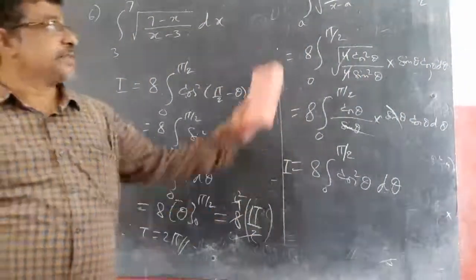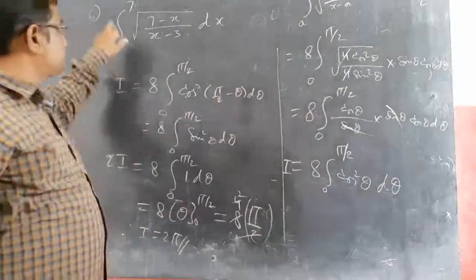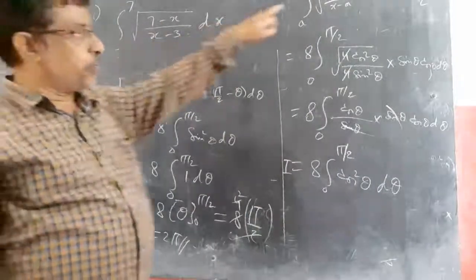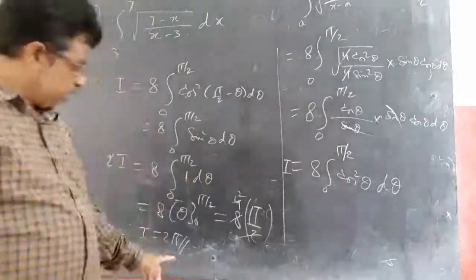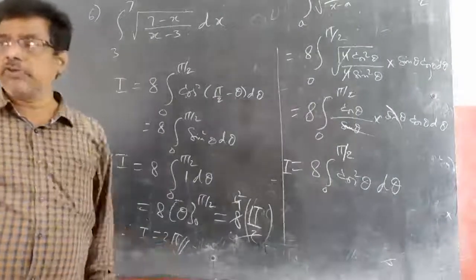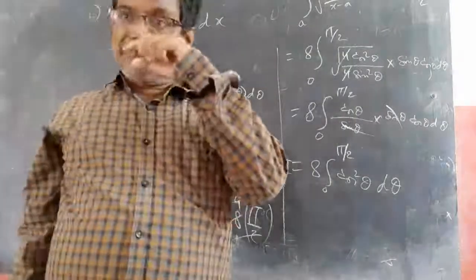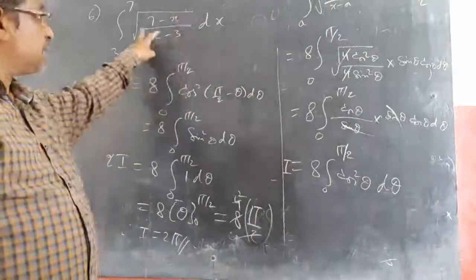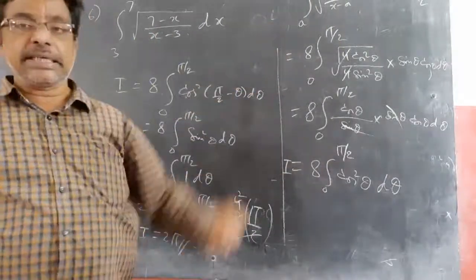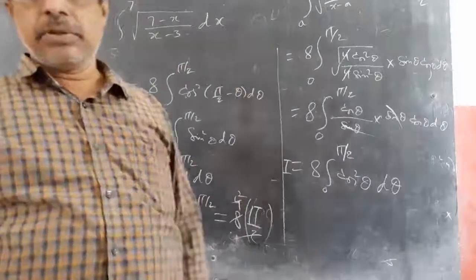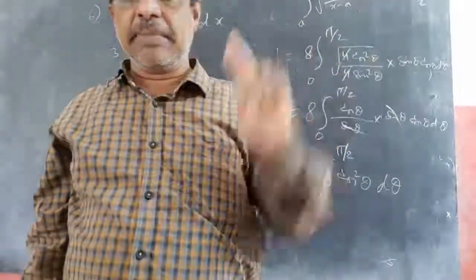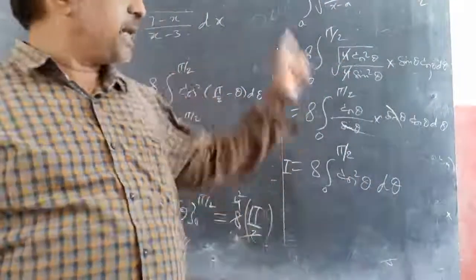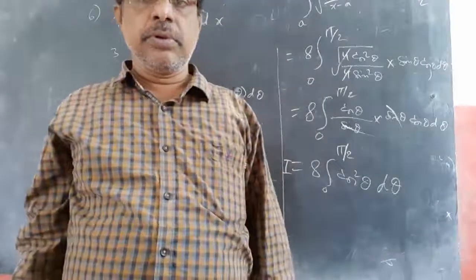You can use it in objective questions. Now observe, this is 7 minus 3, 4, into pi by 2, 2 pi. What is our answer? 2 pi. After doing all that, for the same sum, I am considering a and b instead of 7 and 3, and I am getting b minus a into pi by 2. That's why I told you to take a cos square theta plus b sin square theta. So you can memorize that formula and use it for objective questions. The derivation is this.